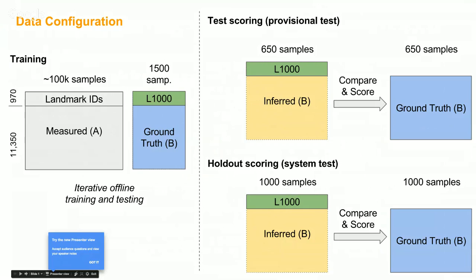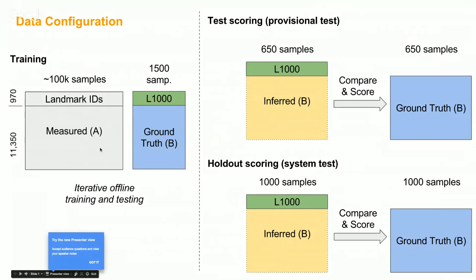And so the idea would be that using these 100,000 samples and the identities of the 970 landmark genes that L1000 measures, contestants will be able to devise some kind of an algorithm to predict the values of all the about 11,000 genes that are not directly measured by L1000.